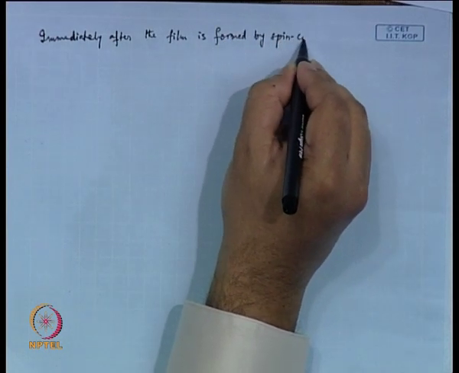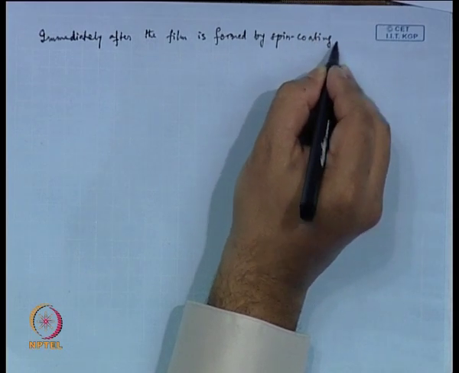What do you do after spin coating? Generally you have the liquid part evaporated, right. So, after the spin coating, you put it in an oven or you let it dry. So, immediately after the film is formed, when it is still wet and has not been evaporated, at that state, if you can bring the mold and put it on top, that is also another possibility.